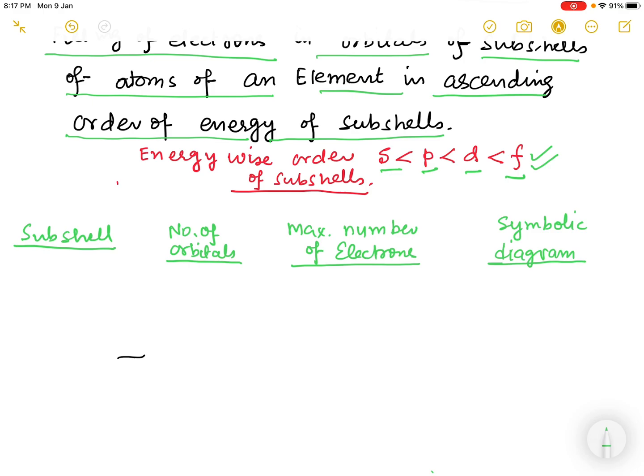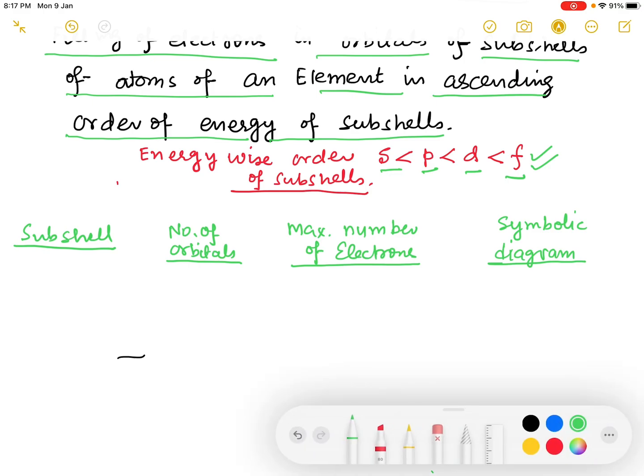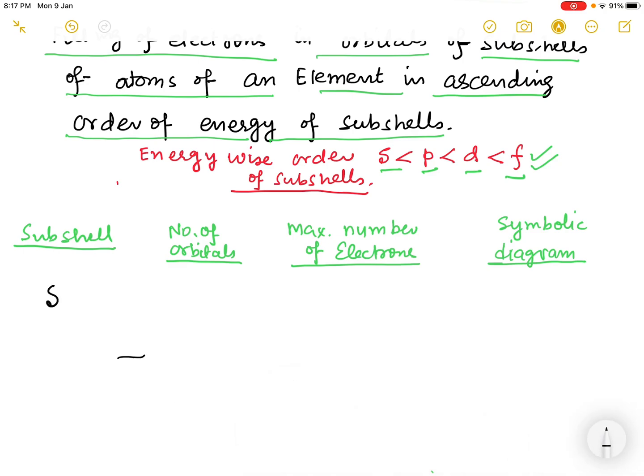See, there are four subshells. One is S, second is P, third is D, fourth is F. So, the arrangement of electrons in these subshells, we say that it is the electronic configuration of an element.